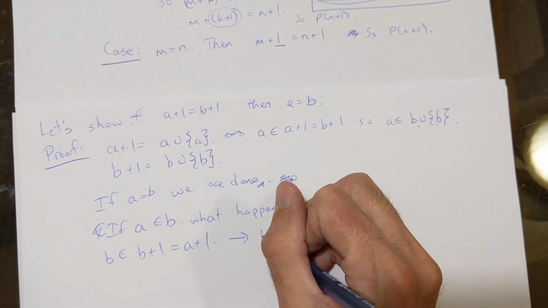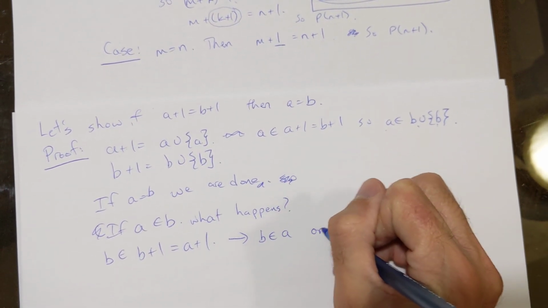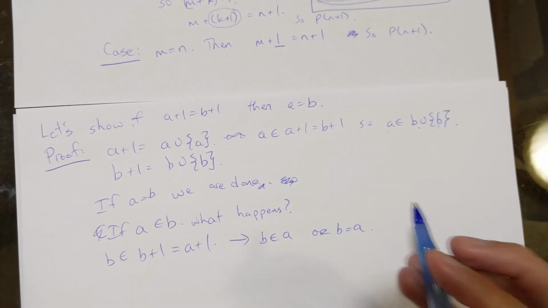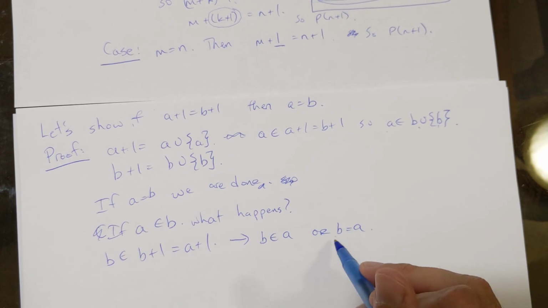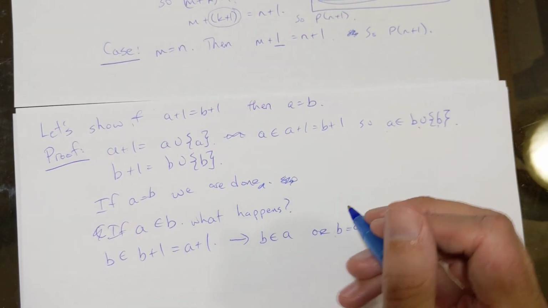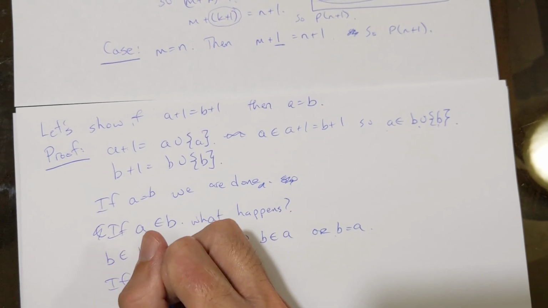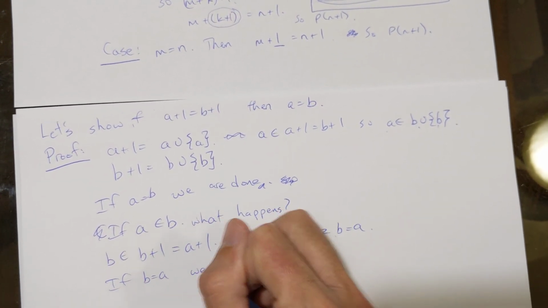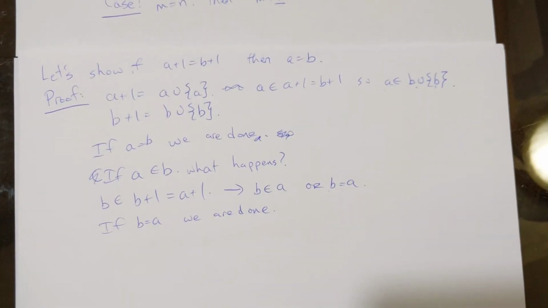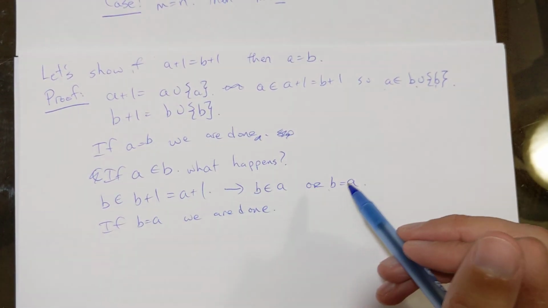So either b is in a or b equals a. If b equals a, again, we're done. So now we are in the situation where a is in b and b is in a.